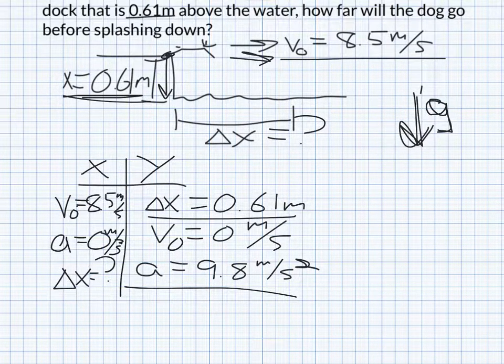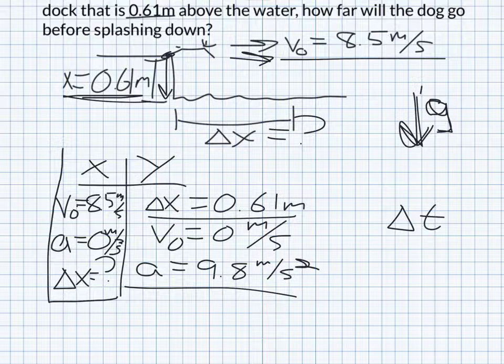Now, unfortunately, the x direction here only has 2 givens, and for any of my constant acceleration equations, I need 3. The one thing that will help you is that in the x or the y direction, time fits both places. If you've gone for 3 seconds of time, you've done that in both directions.